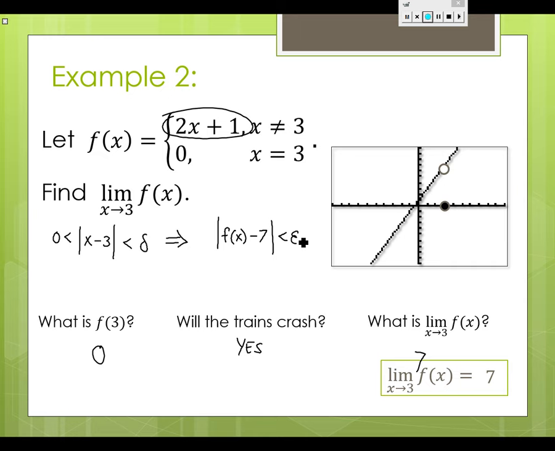So in practice, someone would come to me maybe with an epsilon, say 0.001, and I would have to show that I can come up with a delta that keeps us within your epsilon of 7 for this function. Now actually, we know what f of x is here. It's 2x plus 1. So that would be us trying to get this to happen.